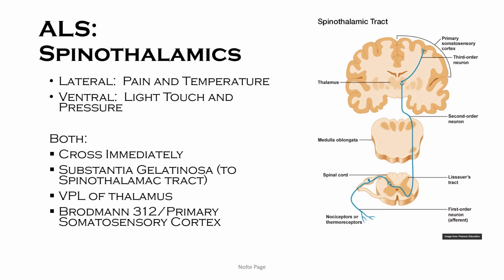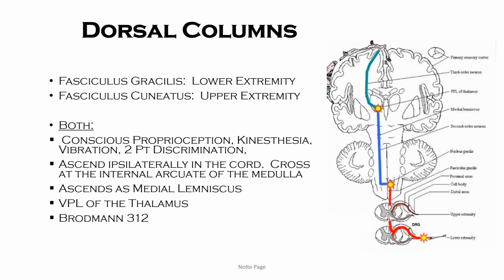And then it's going up to its appropriate area in the somatosensory cortex here of Brodmann's 3, 1, 2. So think about homunculus man on where it's going to go. So spinal thalamics, touch, pain, temperature, crosses immediately at substantia gelatinosa, because substantia gelatinosa we memorize as touch, pain, temperature as well. Goes to VPL of the thalamus, so does dorsal columns, and then up to its appropriate area in homunculus in Brodmann's 3, 1, 2. Same as dorsal columns.